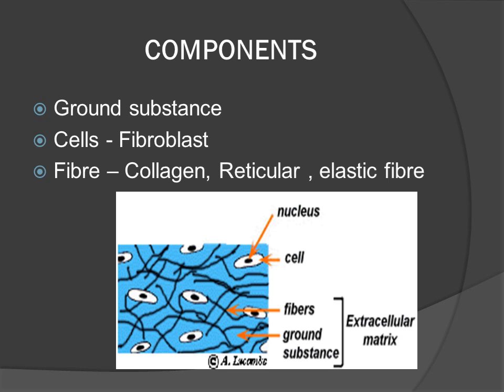Ground substance means, for example, if you take one cell, the cell consists of cytoplasm, and the cytoplasm consists of the nucleus as well as cellular organelles, such as the endoplasmic reticulum. In the same way, connective tissue consists of ground substance.